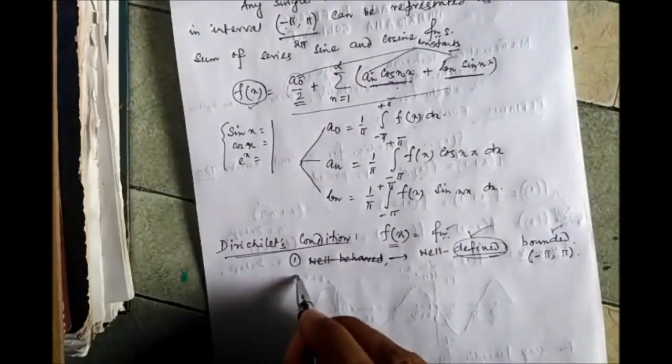Then this function is well defined and bounded between the interval, as I say, minus pi to plus pi. So the function being well defined and bounded is the first condition of Dirichlet.